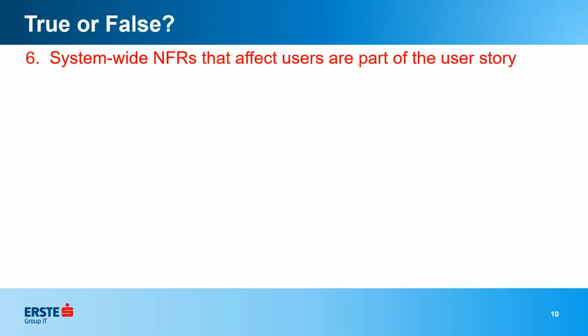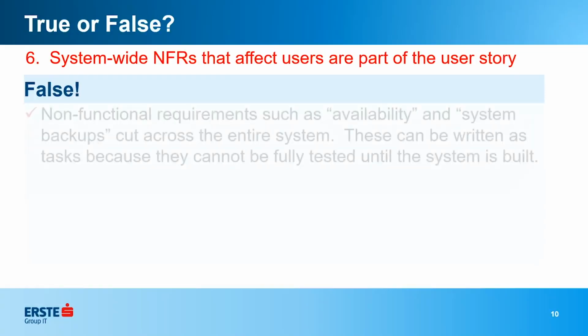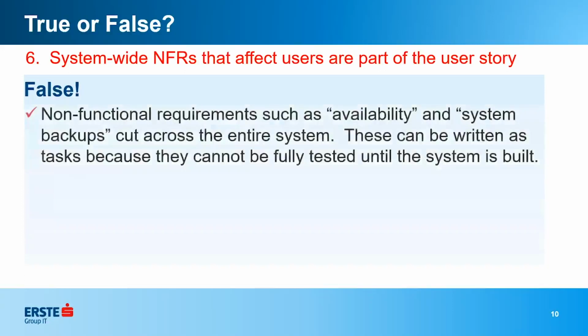System-wide non-functional requirements that affect users are part of the user story. True or false? False. So I touched on this a little bit. User stories can have non-functional requirements as long as they are ones that the team itself can test. If it requires entire system testing and it's some other team that does it, like a regression test team, then it would not be part of the user story.